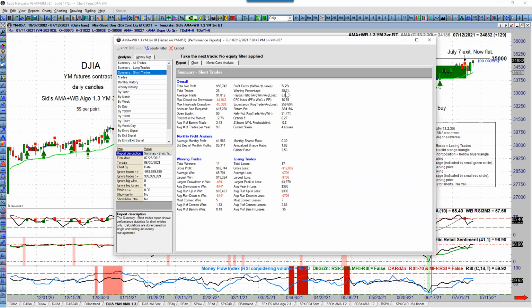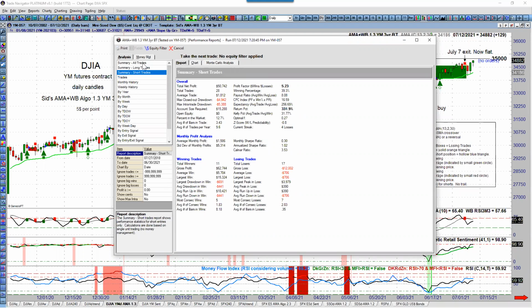And on short trades, the winning percentage was only 40%, but it brought in 50 grand on the shorts. The reason for that is because when the market lately takes a downturn, it is often a very aggressive plunge that happens very quickly. And because this has an open profit objective, it can catch big winners on the downside as well.